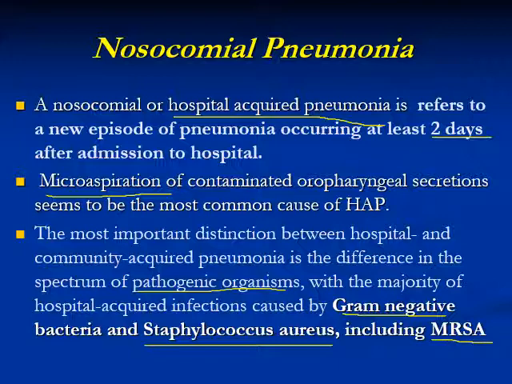So the microorganism which causes the nosocomial pneumonia is very severe or more serious than in community-acquired pneumonia. Usually gram-negative bacteria which are resistant to the antibiotic, and Staph aureus also, which is resistant to antibiotic. It's called MRSA, methicillin resistant Staph aureus.